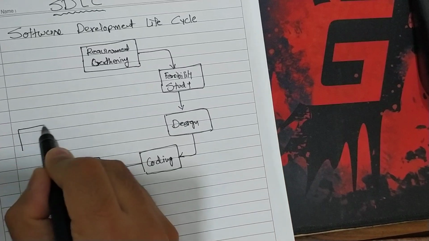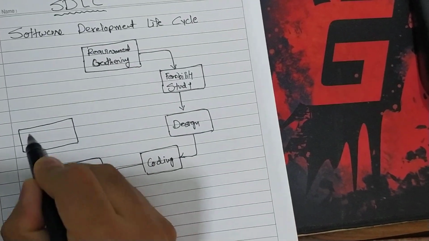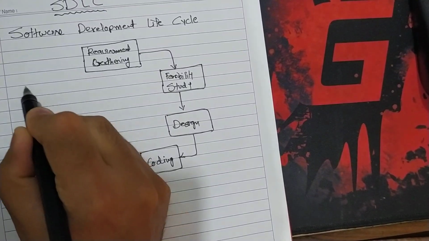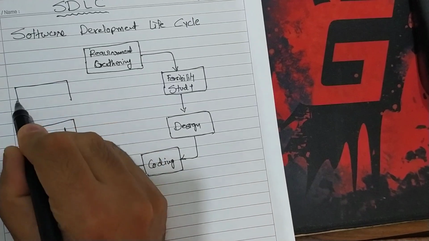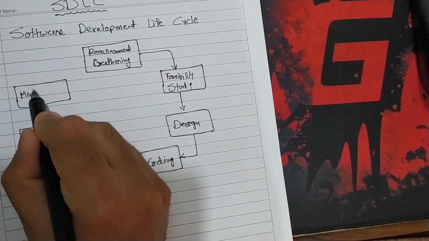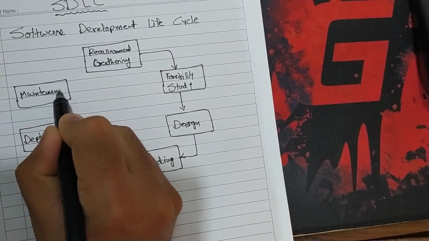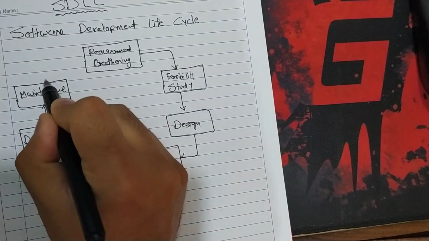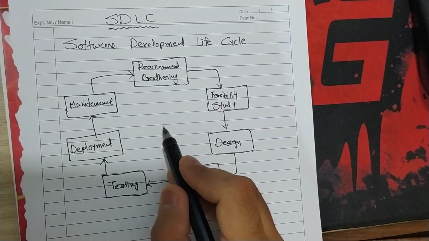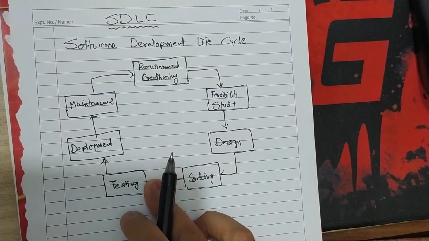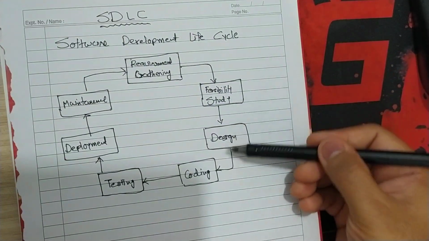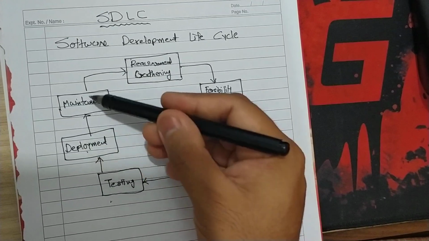Then deployment, and maintenance. And again it will connect to requirement gathering. So this is the whole process of the SDLC life cycle: requirement gathering, feasibility study, design, coding, testing, deployment and maintenance.